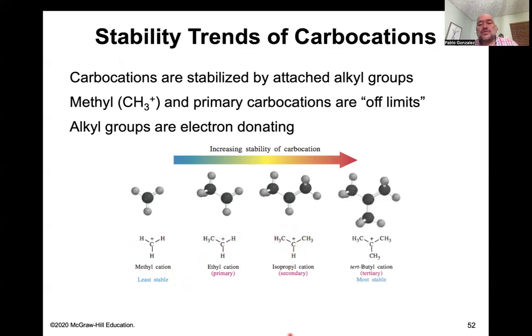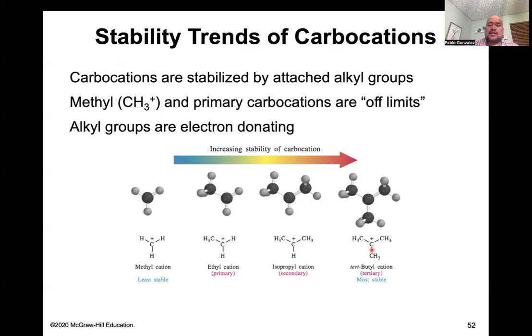And then we have the tert-butyl cation, which is a carbocation with three alkyl groups or three methyl groups. Remember, this can be methyl, it can be ethyl, any kind of carbon-hydrogen compounds or R groups. It's not necessarily just methyl. This is just for convenience to make the molecules small, but you need to count all the carbons around that carbocation, and that's going to give you an idea if it's a primary, secondary, or tertiary carbocation.